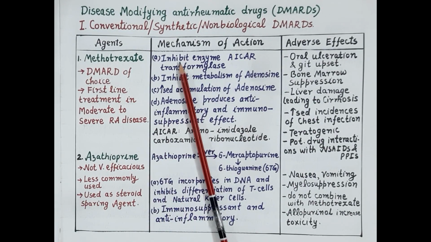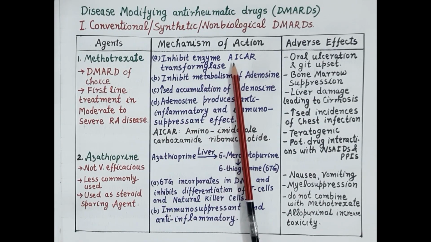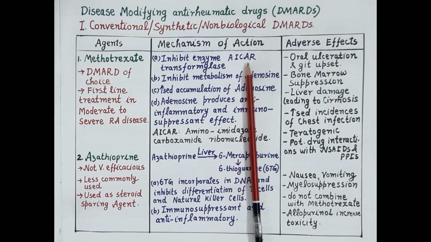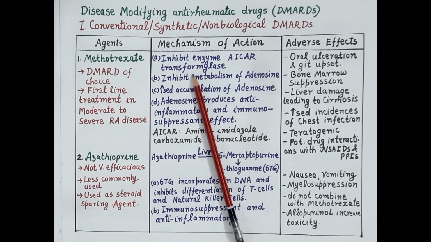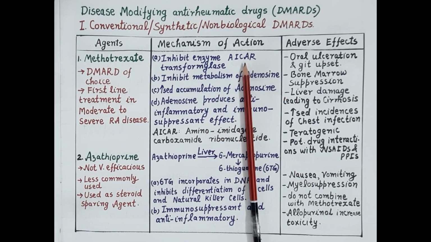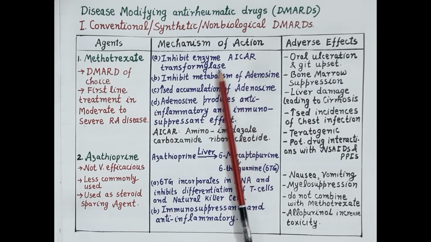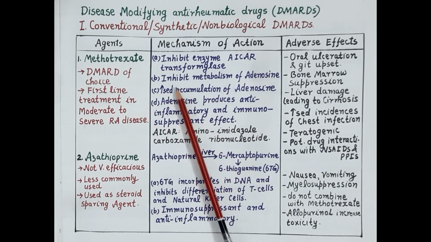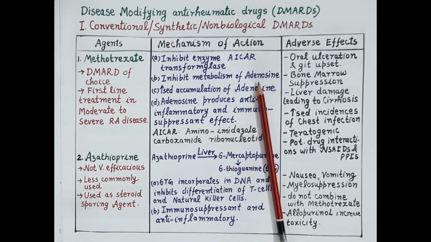Methotrexate inhibits the enzyme aminoimidazole carboxamide ribonucleotide transformylase. This enzyme metabolizes adenosine. So inhibition of this enzyme inhibits metabolism of adenosine.